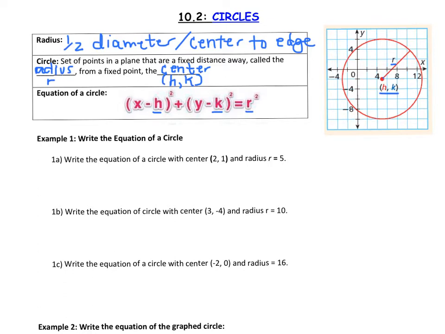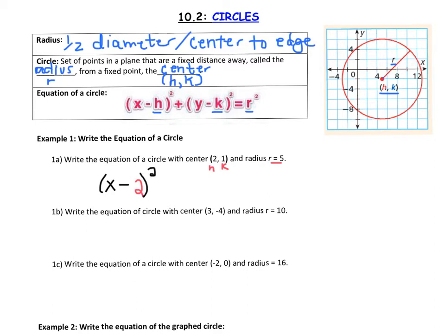So let's do that. In the first example, we're given the center is (2, 1). So right there is our h and our k, and the radius is 5. So we're going to plug those right into the formula. So it's going to go parentheses x minus, and now we're going to plug in that number for h, which is 2.